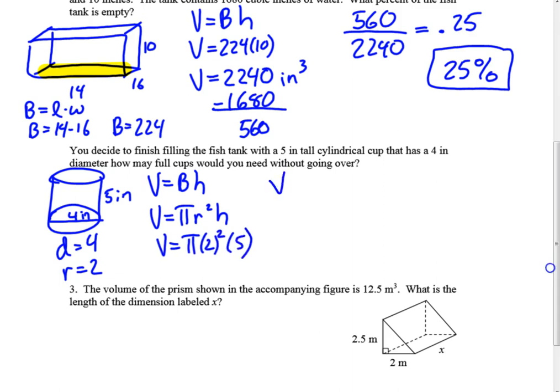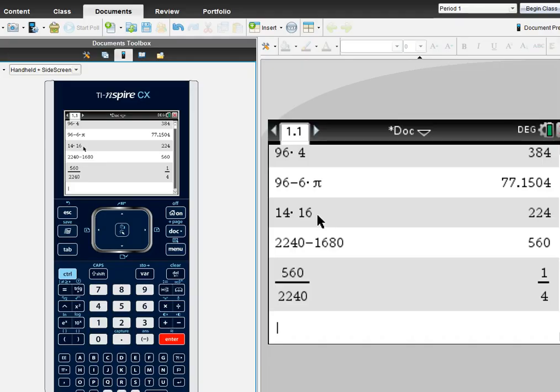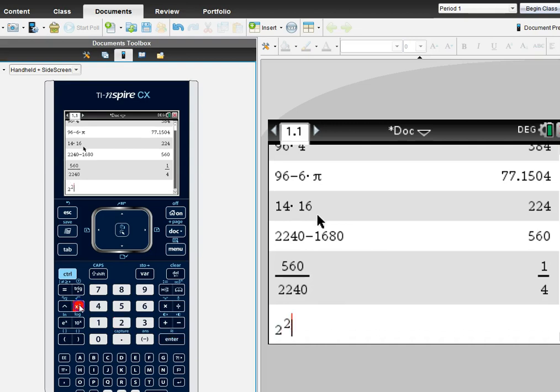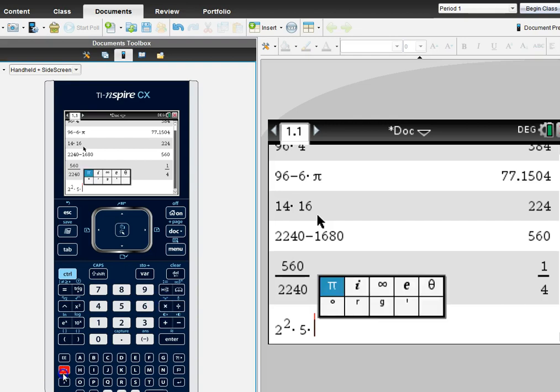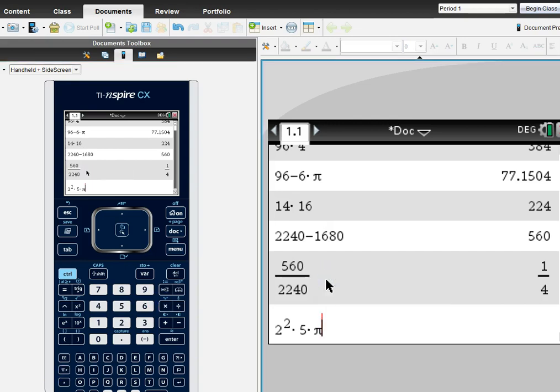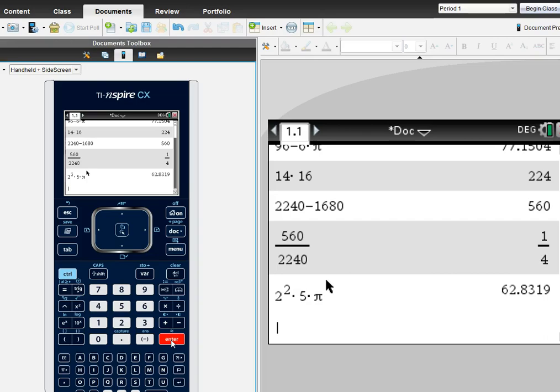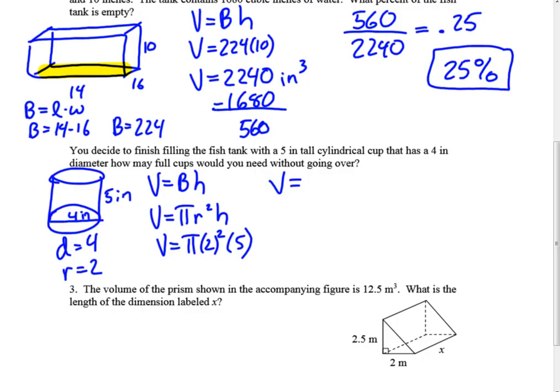All right, so let's figure that out. 2 squared is 4, times 5 is 20, times pi is 62.8319. And without going over, we've got 560 remaining.